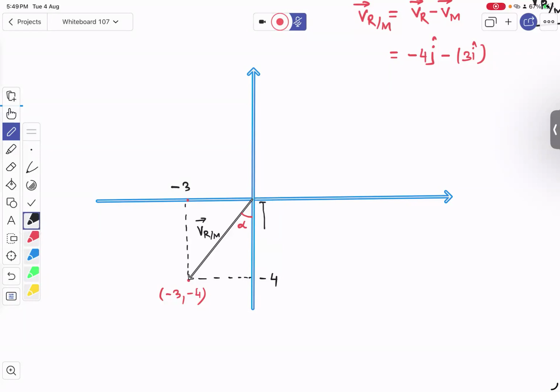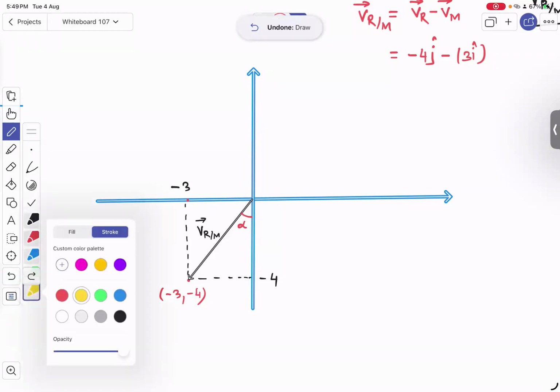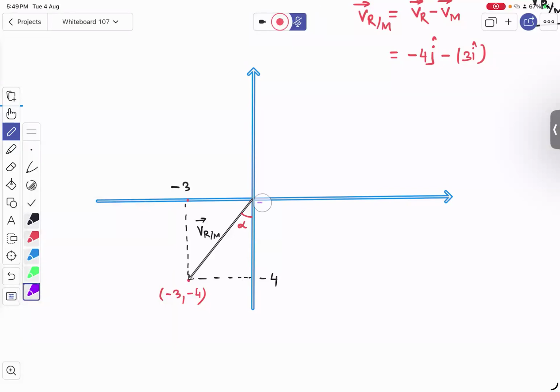This triangle, you see, has this length equal to 4, and this length equal to 3. So tan of the angle alpha will be 3 by 4. Tan alpha equals 3 by 4 means alpha is 37 degrees.